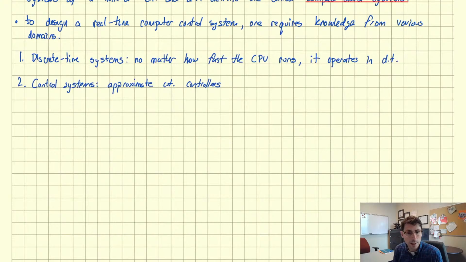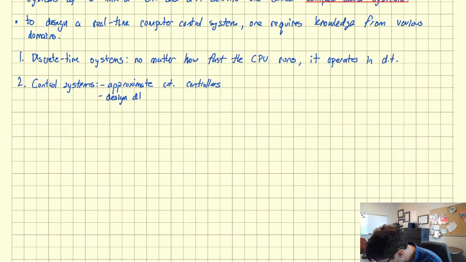Okay, we should be better now. Okay, so control systems. You also need to know about control systems. We're going to learn how to approximate continuous time controllers. What else? We're also going to have to know how to design discrete time controllers that have no continuous time equivalent, right?